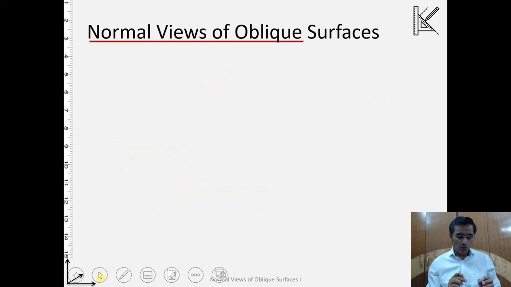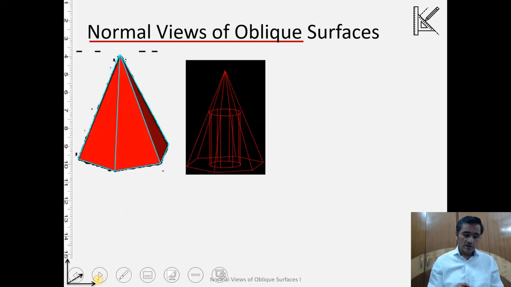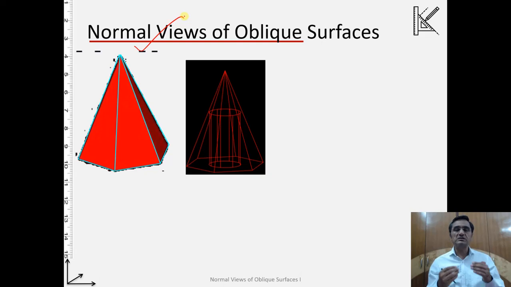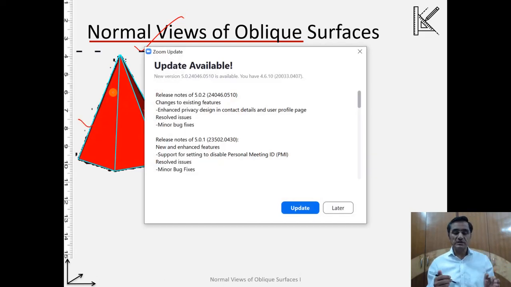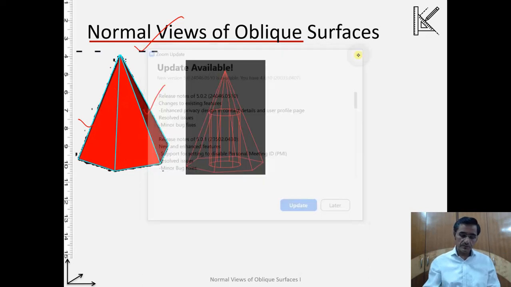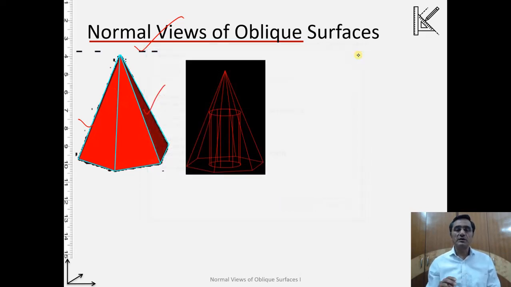So what is the meaning of normal view of oblique surfaces? Just to repeat it, we know it. Of course, when we say normal view, that means the true view or the true shape. However, many times, as I just said now, when a particular plane or a surface is not parallel to any of the principal planes, its projection will be foreshortened.